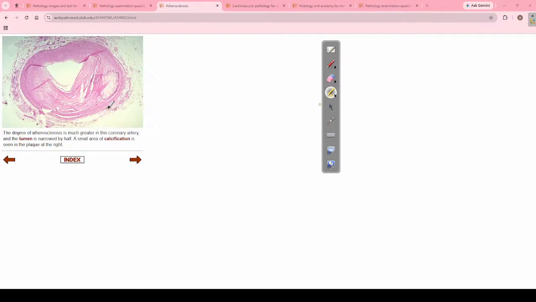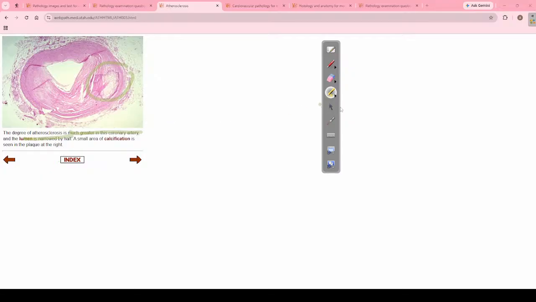This is a proper image of how it looks in the microscope. The degree is much greater in the coronary artery, and the lumen is narrowed by almost half. Area of calcification is shown over here.